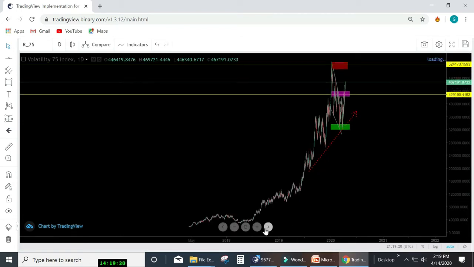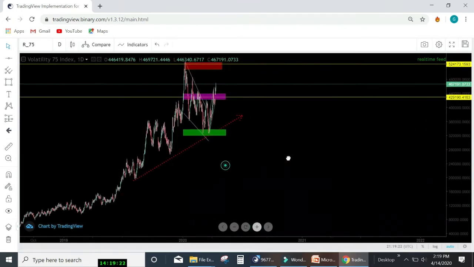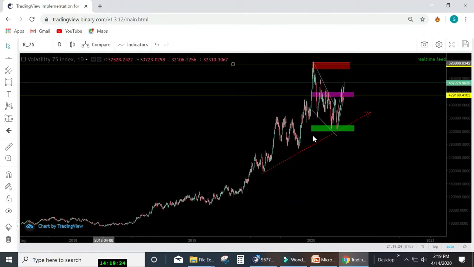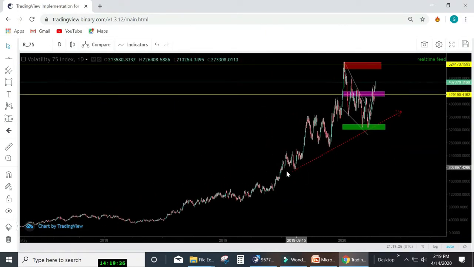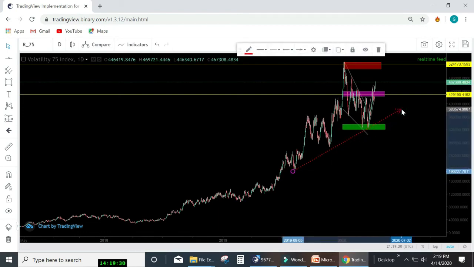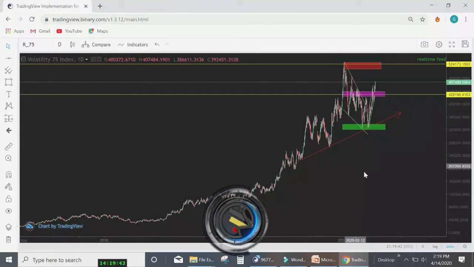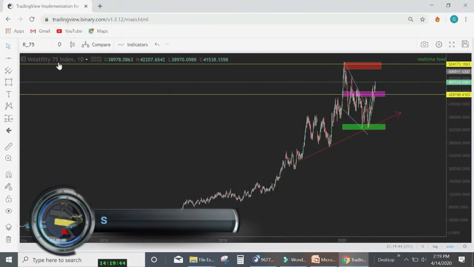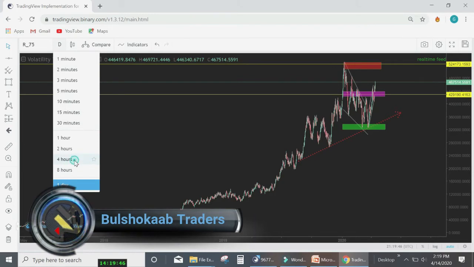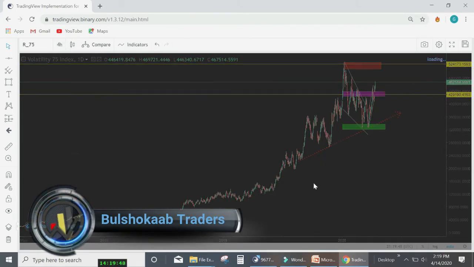Because I want to get the trend of the market. I use the daily when I want to find the trend, as you see this line is too small now. But when I choose 4 hours, you see how long it will be.